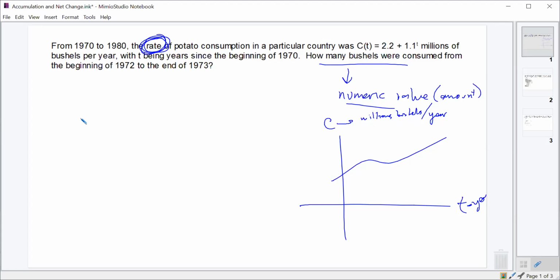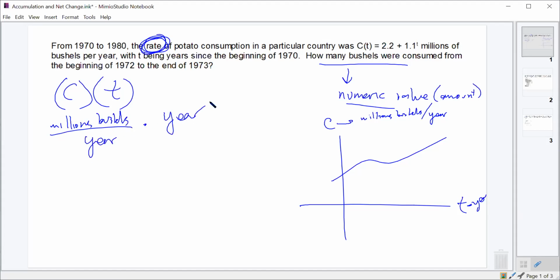If I were to take C and multiply it by t, that would give me millions of bushels per year times year, and my years would cancel out. And that would just give me millions of bushels. That's what I'm looking for.